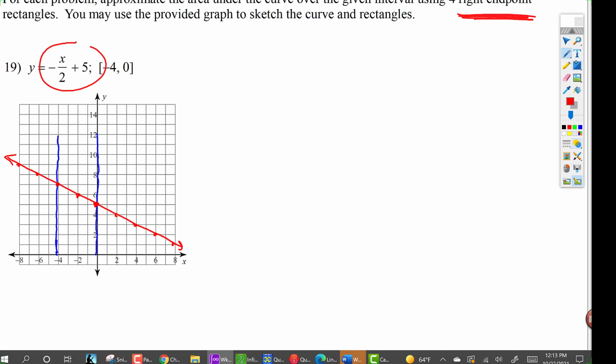And now when we draw our rectangles, we draw the right point side. So let me start here. We hit right there, and then we draw a rectangle. And then we hit the line up there, and we hit the line.